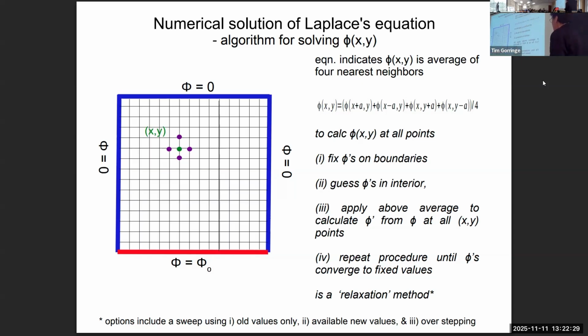This is how we're going to calculate all the phi's at each of the little mesh points in this region of space. So this is how it works. We're going to have an array of size that corresponds to all the mesh points in this sketch here, this graphic here.